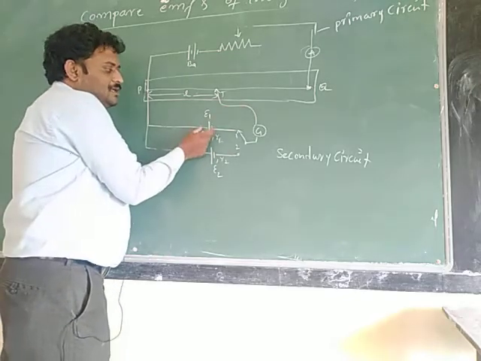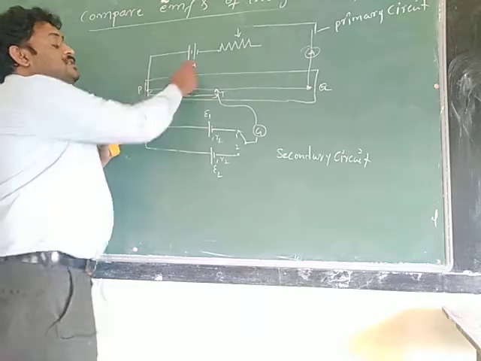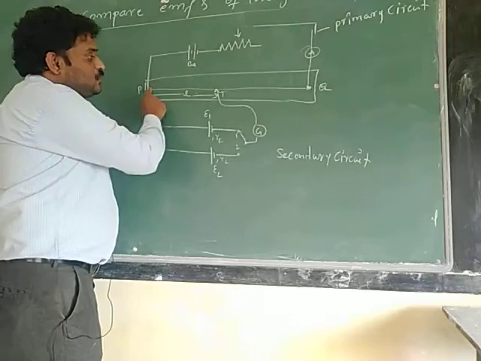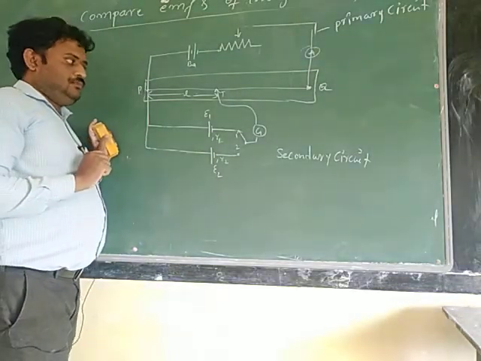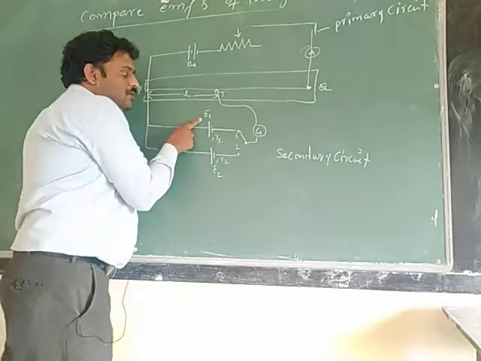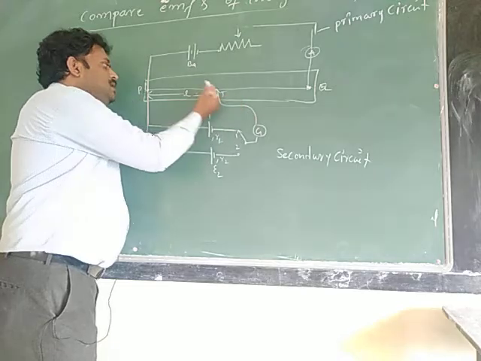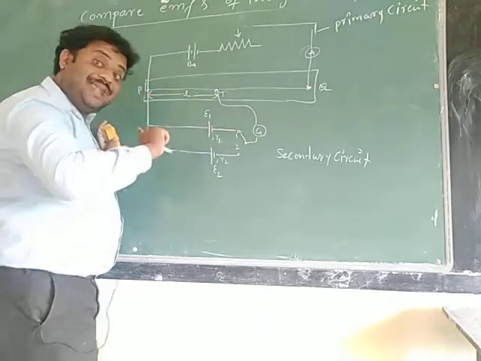The EMF is applied across the secondary circuit, and this battery helps us get a steady current which flows across the uniform cross section of the wire. Now, what is the EMF of the cell? We don't know. When you keep this jockey at the point P, the galvanometer will show a deflection in one direction.